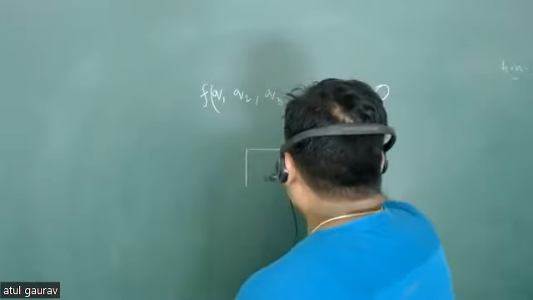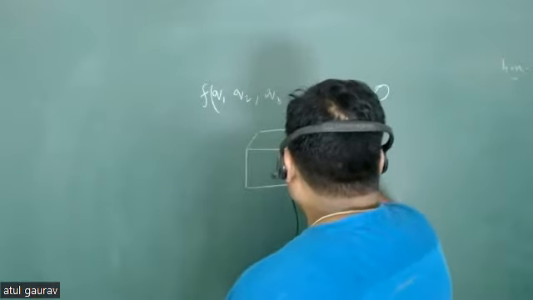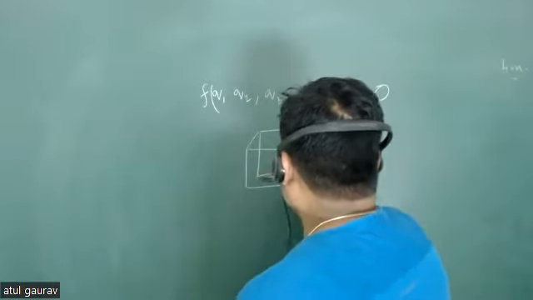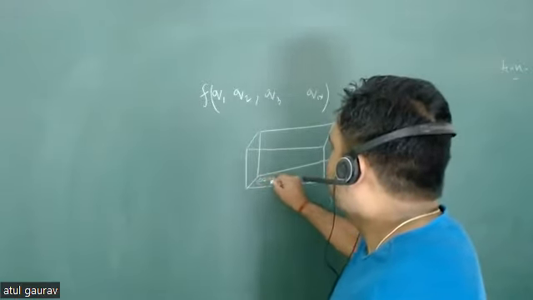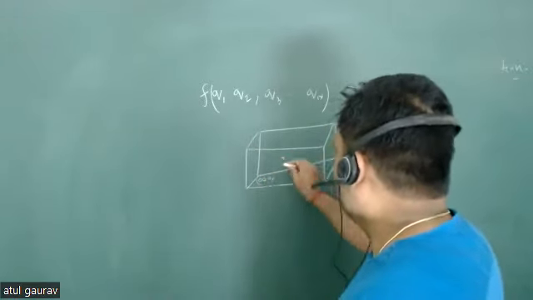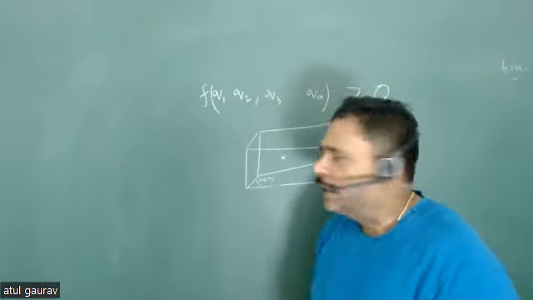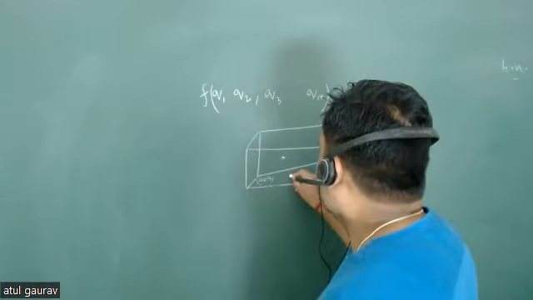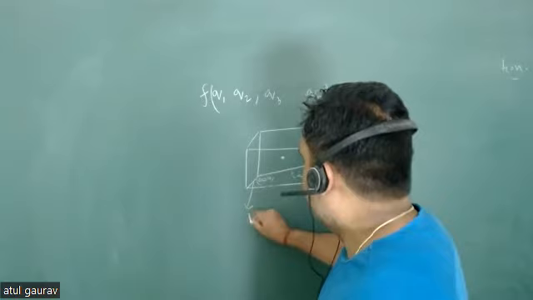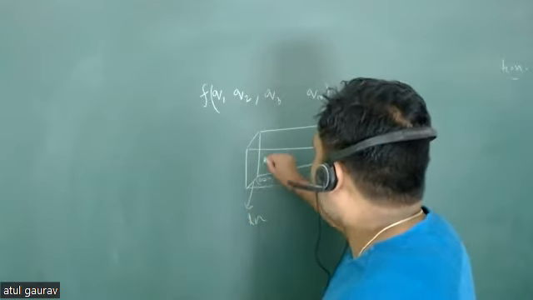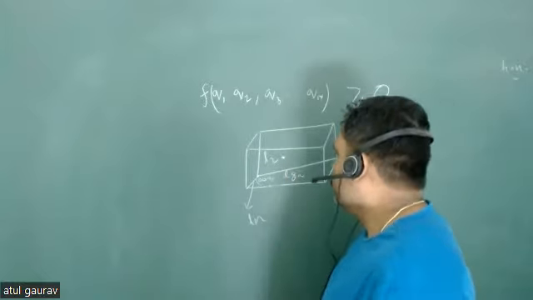Suppose I have a box, and this is a three-dimensional box, and this is my origin. Inside this particular box there is a gaseous particle, and the length of the box along the x-axis is, let's say, Lx, this will be Ly, and this will be Lz, and the origin is at one of its corners.